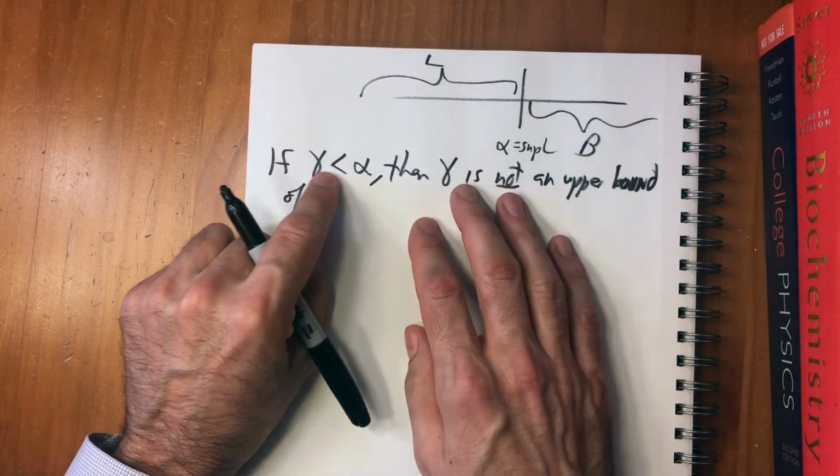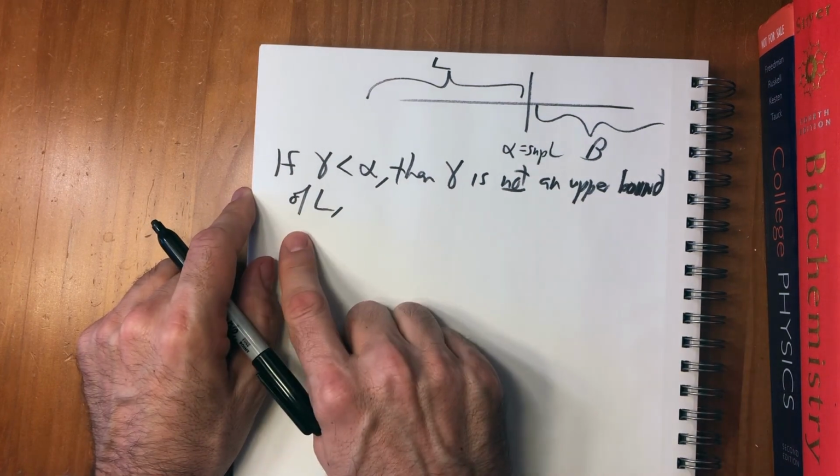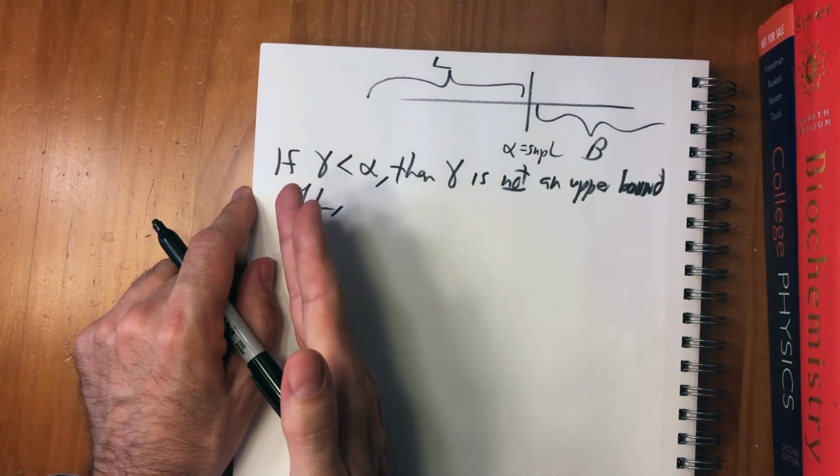So if there's any number that's less than alpha, then it cannot be an upper bound of L because we said that alpha is the least.